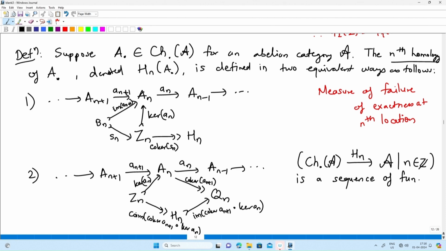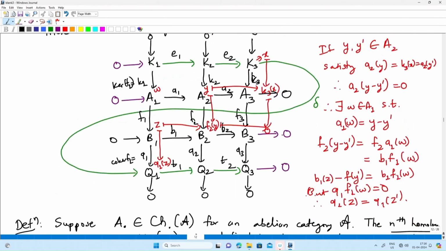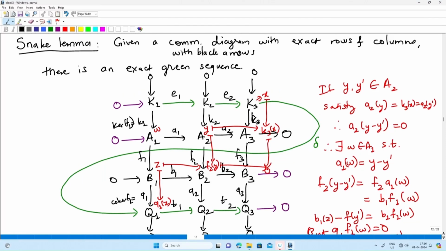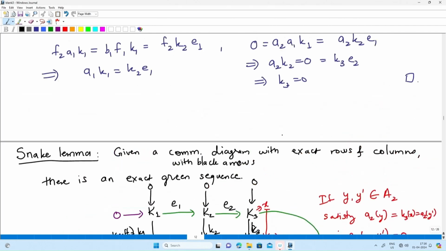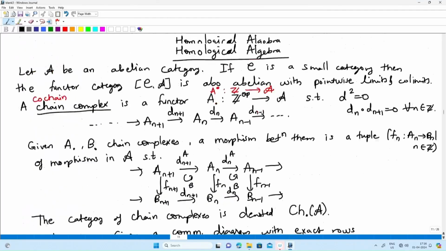Normally in practice you want to think of A as a module category, so we say homology modules or homology groups; those are the common terminologies that we use. However, before that, we covered the snake lemma, which is perhaps the most important tool in our box for studying homological algebra, and the 5 lemma also.